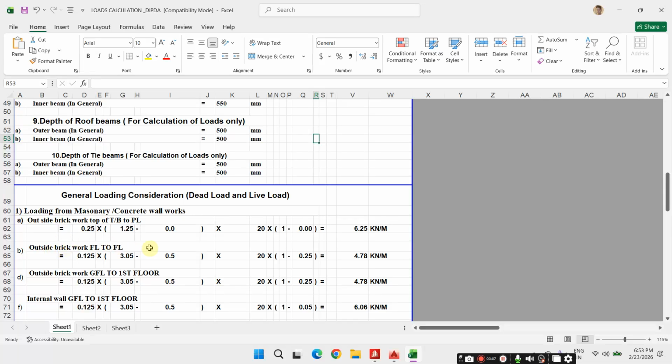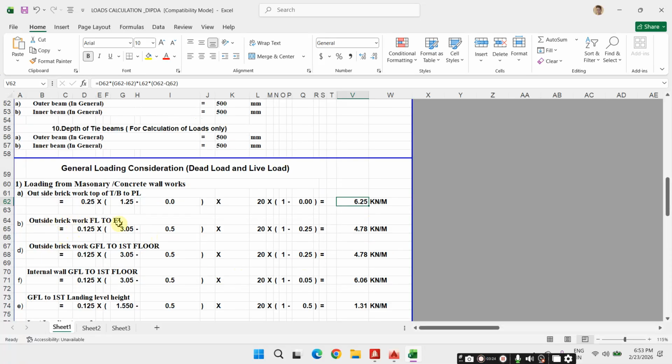Here the calculations start. Outside brick up from top of tie beam to plinth level, thickness 0.25, and height is 1.25. So that is 6.2.